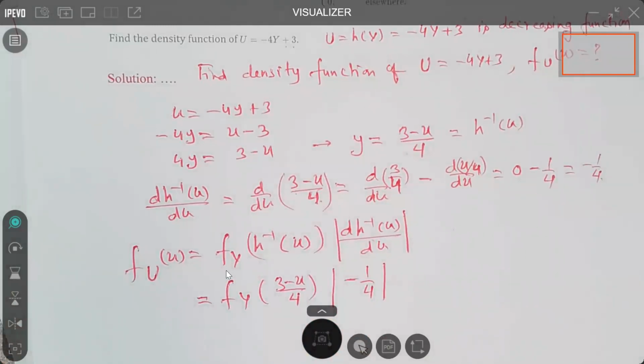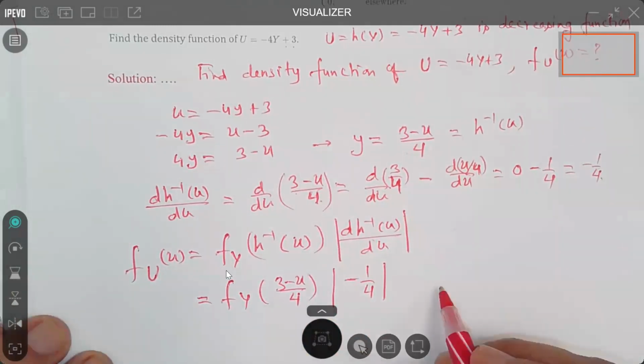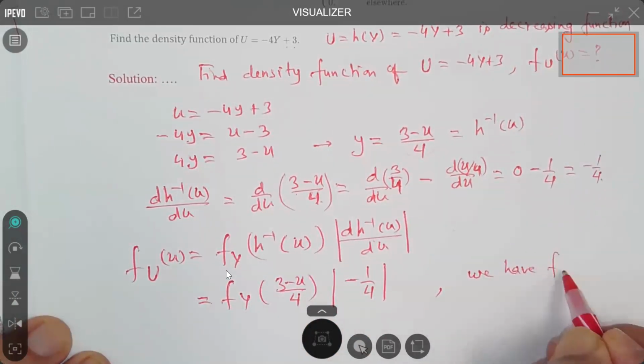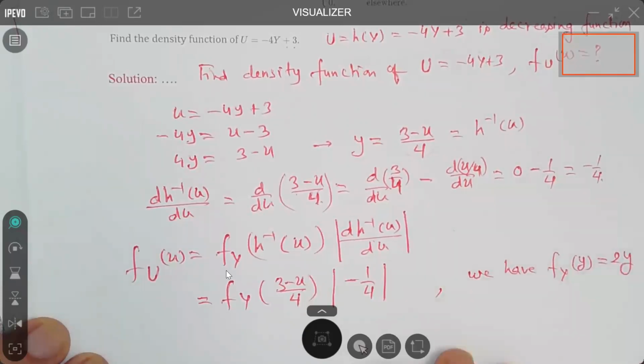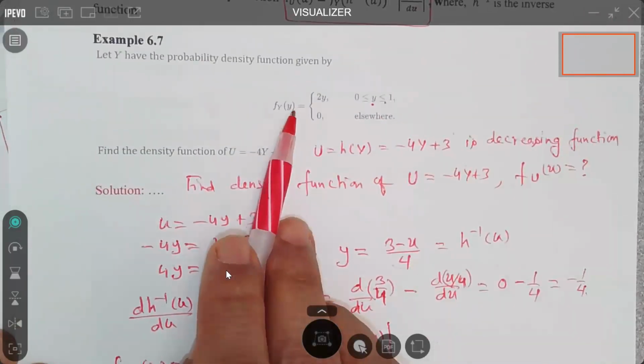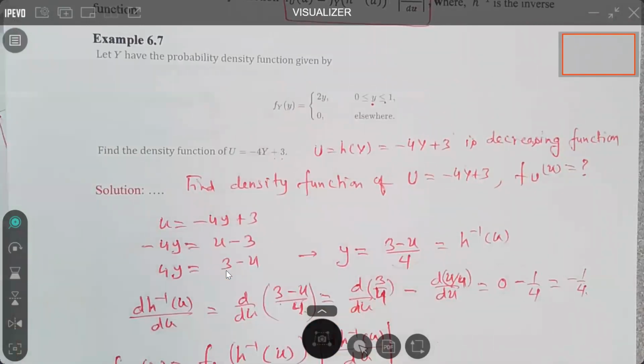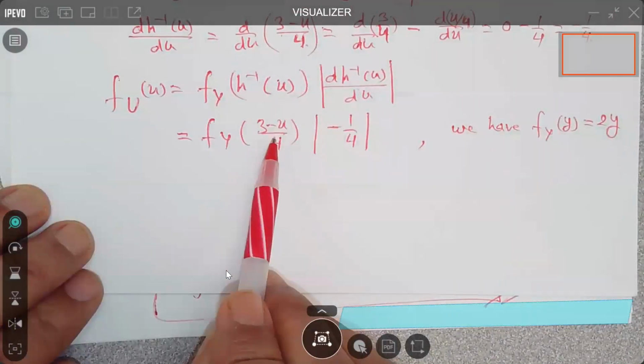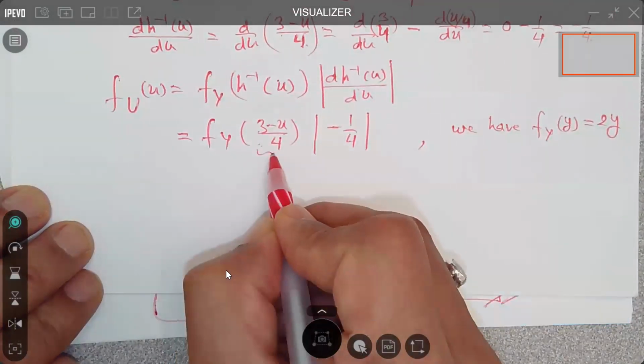Now we have f_Y(y) = 2y, this density function. Here, you have the input value.